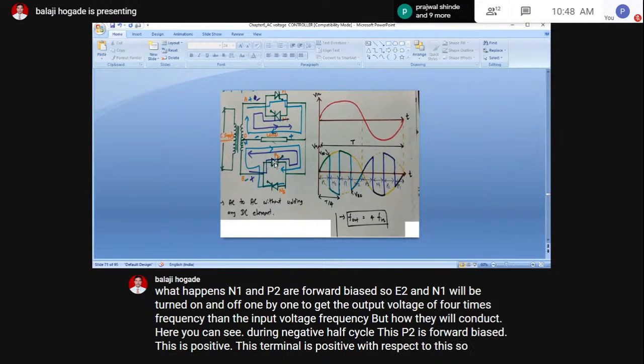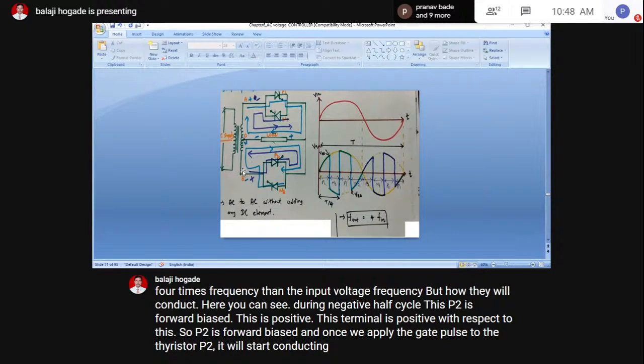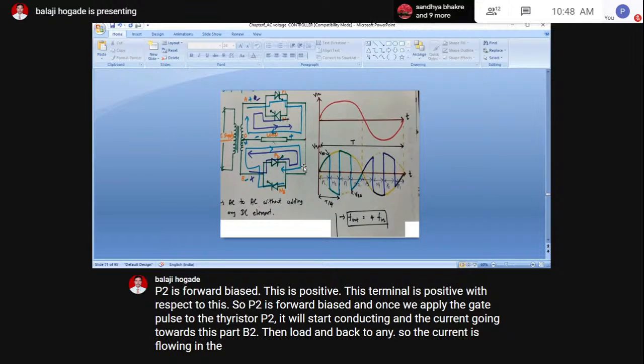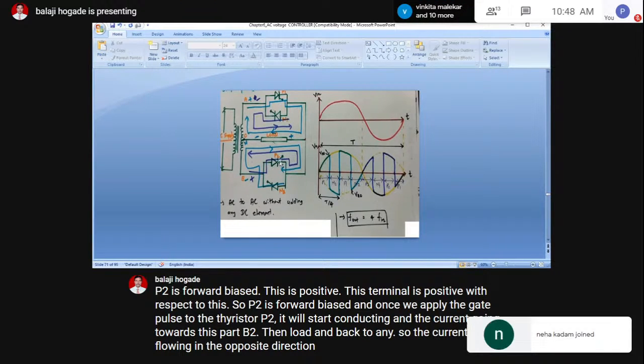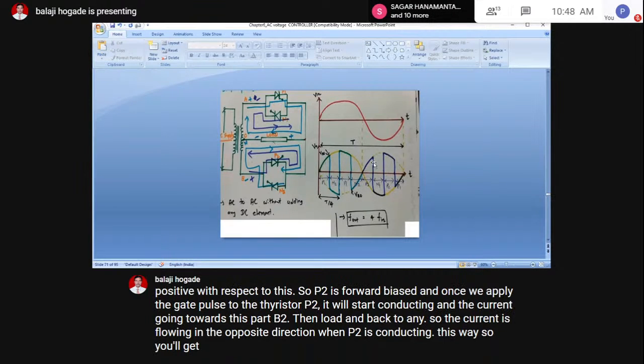So P2 is forward biased, and once we apply the gate pulse to the thyristor P2, it will start conducting and the current will flow through this path P2, then load and back to N. So the current is flowing in the opposite direction when P2 is conducting this way. So you will get this voltage.